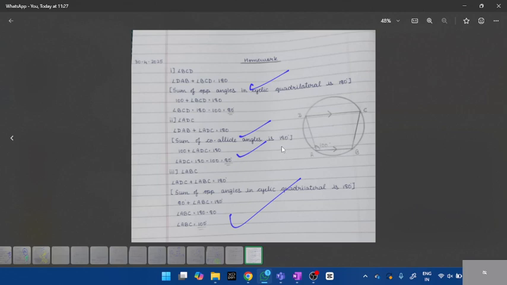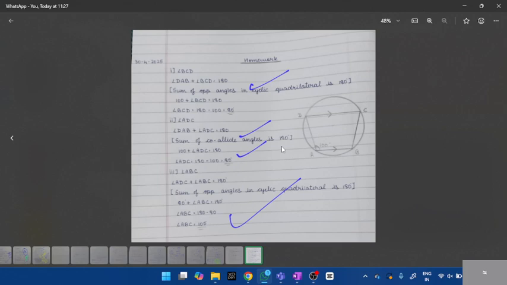DAB plus angle BCD is 180. What is the reason? Sum of opposite angles in a cyclic quadrilateral is 180. That is what we have to write.